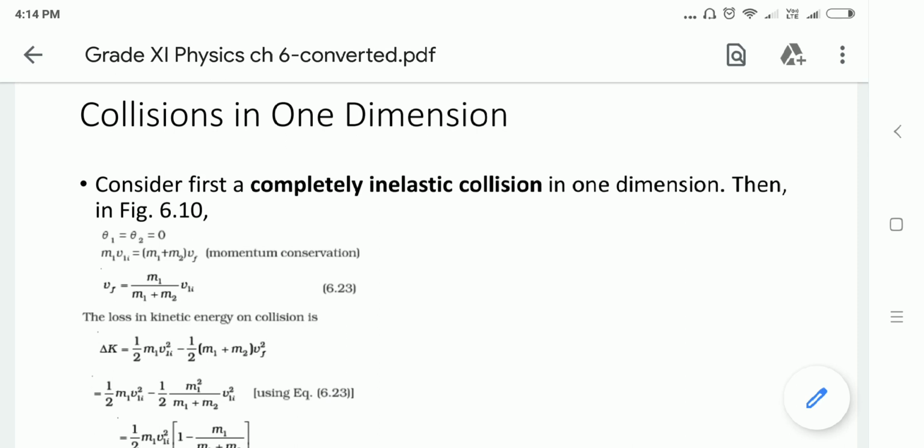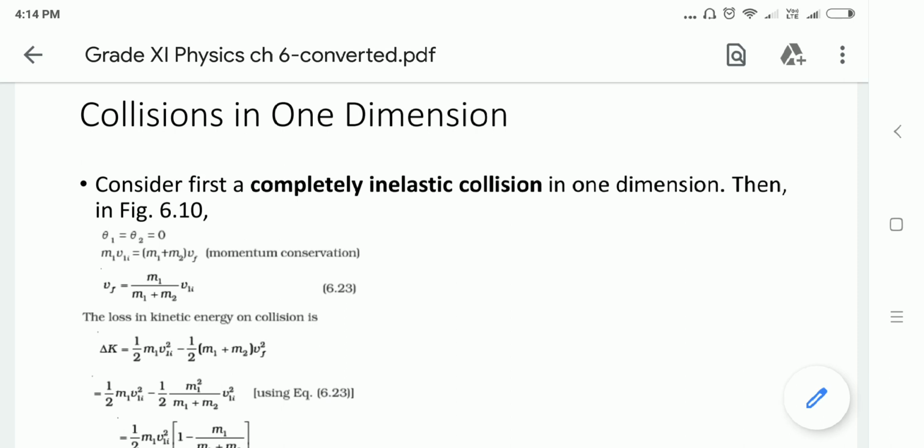This is what we have substituted, the equation of vf, the final velocity after collision. So that would be 1/2 m1 v1i square into (1 minus m1 upon m1 plus m2), so 1/2 m1 m2 divided by (m1 plus m2) v1i square.